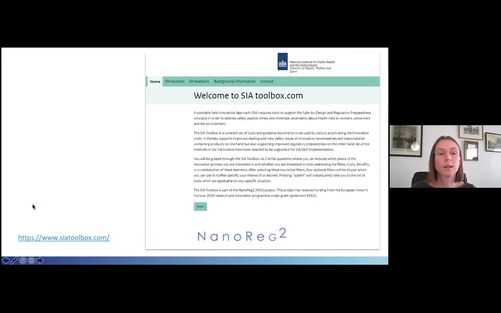Now, these projects are all still ongoing, so I can't really give any concrete outcomes of these projects at this moment, but I will leave you with this slide with also the link, which is the Safe Innovation Approach Toolbox website.